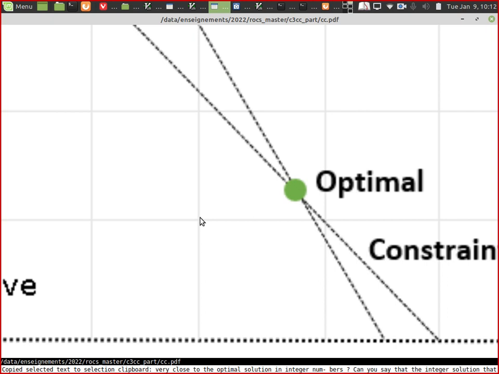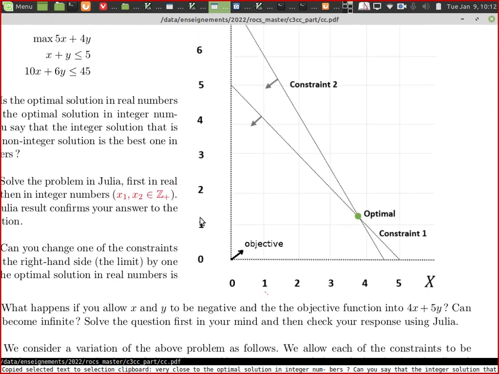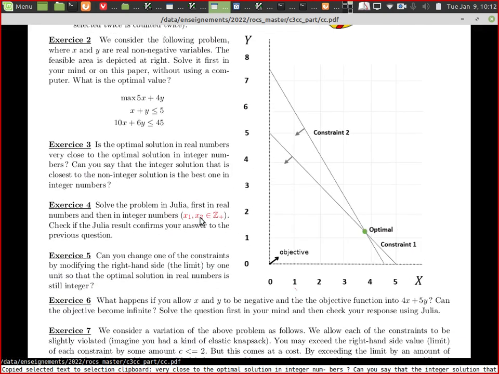It can be a bit tricky. This is one way we could try, but generally speaking, if you take the solution in real numbers and you take the closest integer point, usually it's more or less okay, but not optimal. Okay?